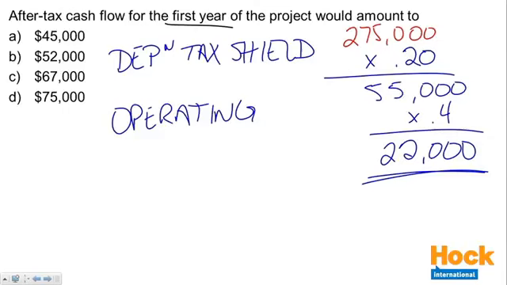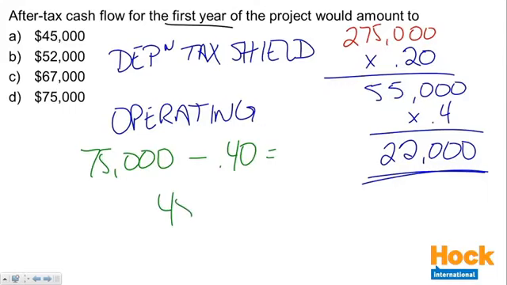We also have our operating activities. There were $75,000 coming in from operations, but we're going to have to pay taxes on that. So we subtract out 40%, we multiply the $75,000 by 60%, and we get $45,000 as our after-tax cash flow from that increase in our operating activities.